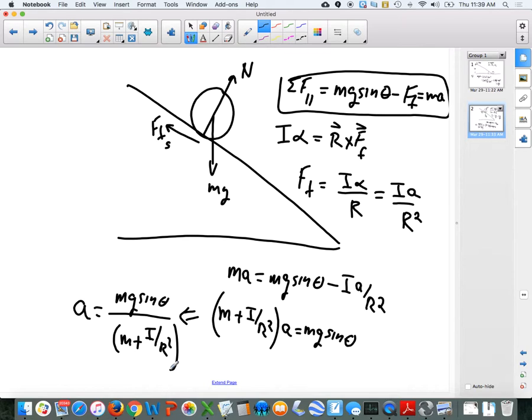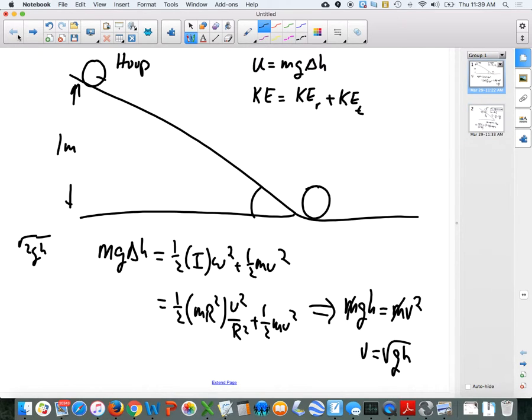If I go back and compare this to the previous problem, we came up with an expression that looked like v equals root gh, and the idea was that that was the energy of, in this case, a hoop going down an incline.